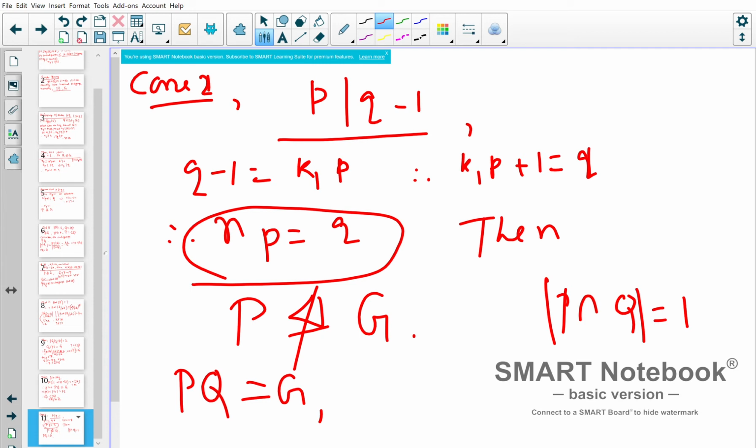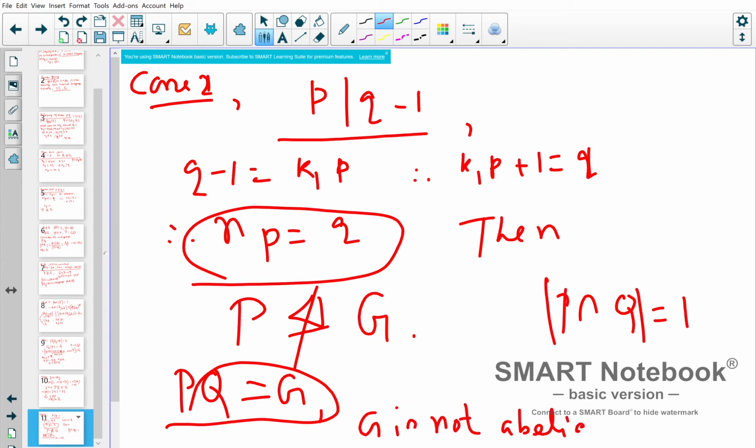The identity is there. So PQ is always there. PQ is always a subgroup of G, and they have the same order, so they are the same, right? But here you check that in this case G is not an abelian group. Check it. G is not an abelian group.